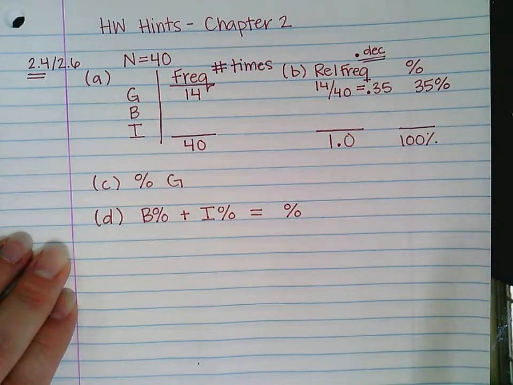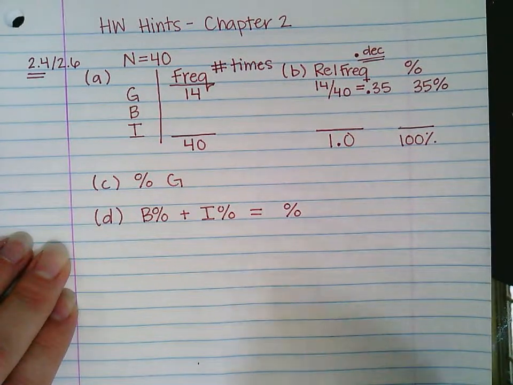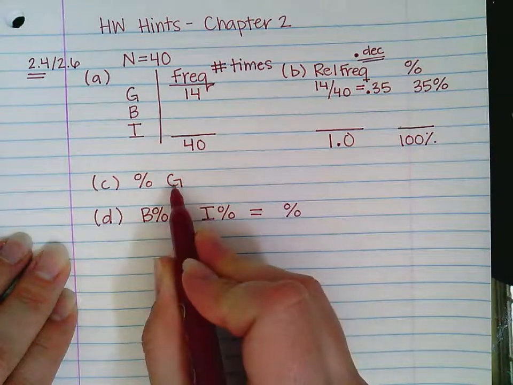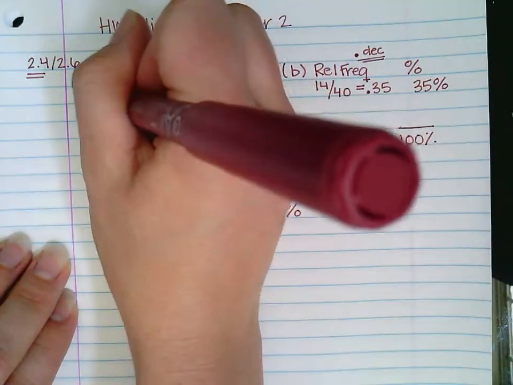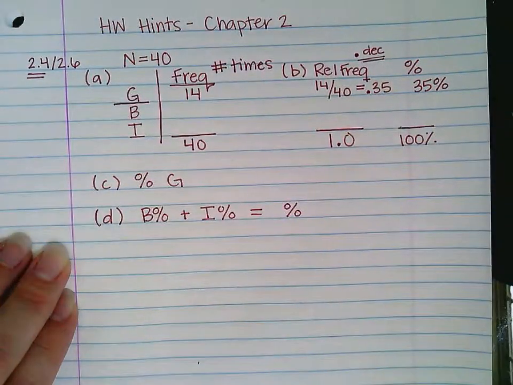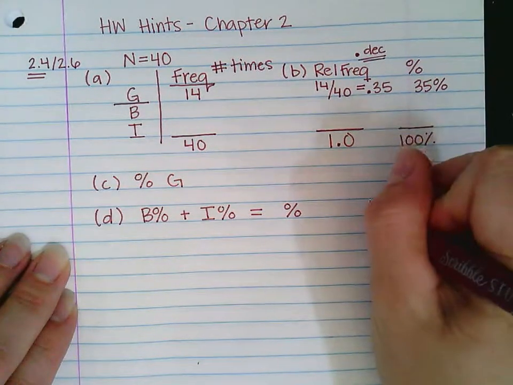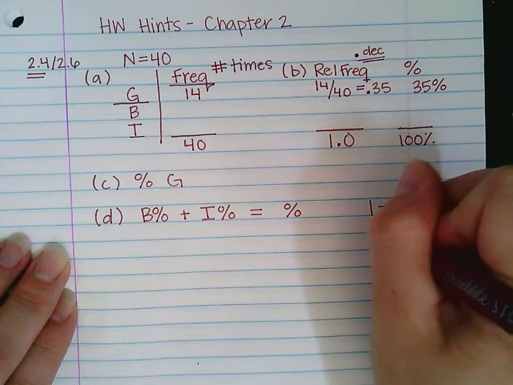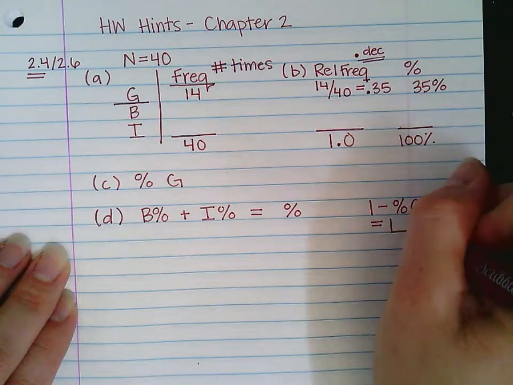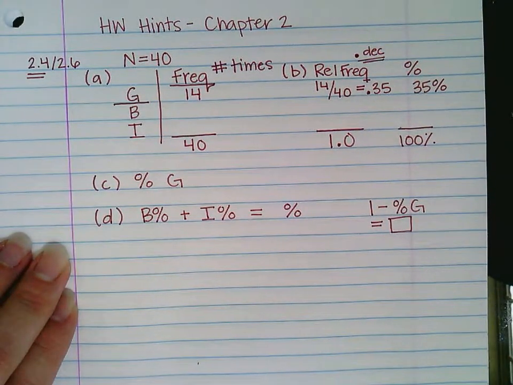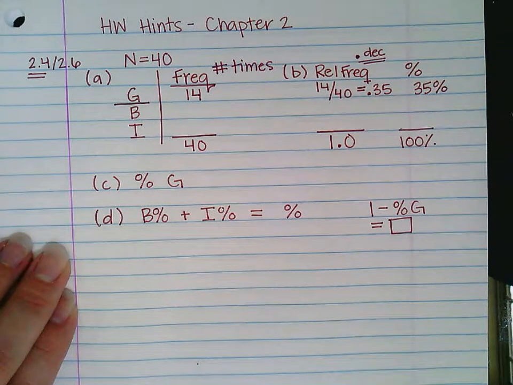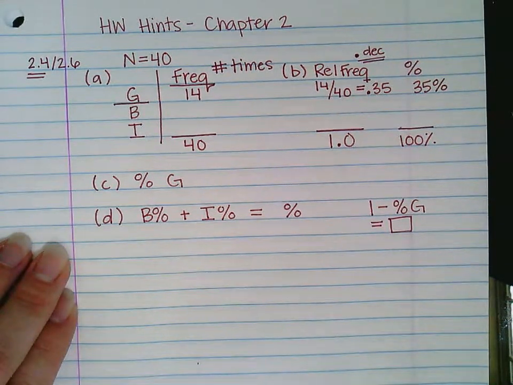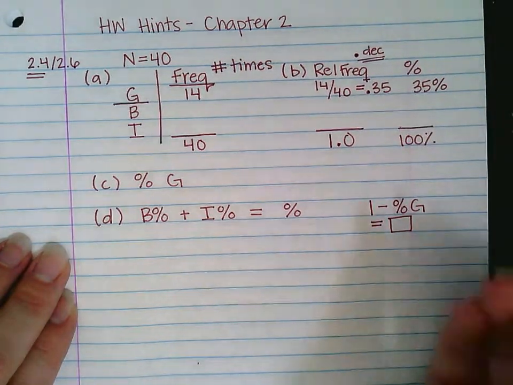Another way that you can look at part D is bad and indifferent is the exact opposite of good. Our variables have no overlap up here. And so you could also just do 1 minus the percent that said good, and it should give you the exact same thing on part D. Okay, it's called the complement. You probably haven't learned that yet for probability, but that's what it's called.